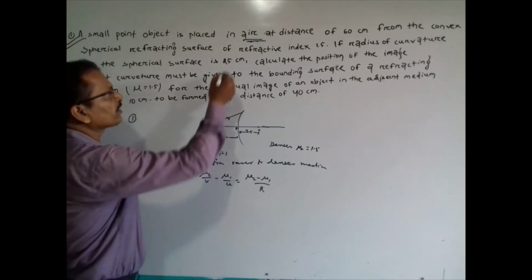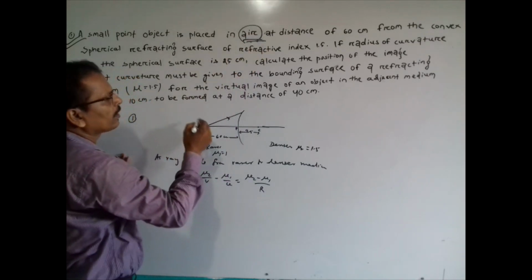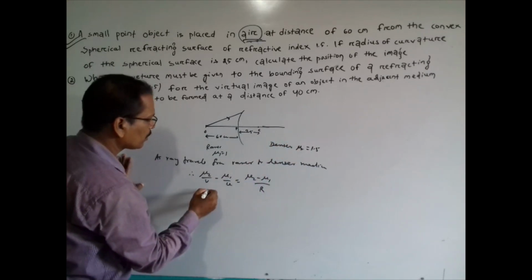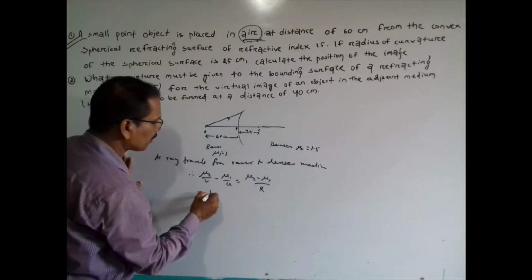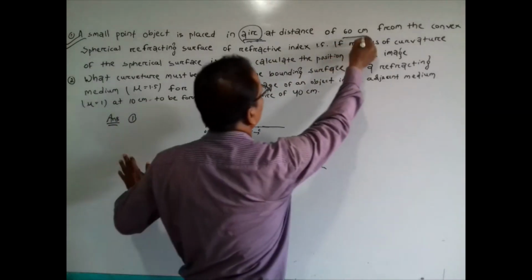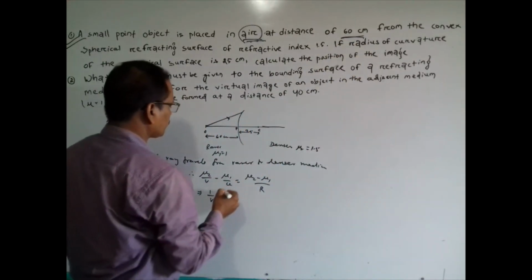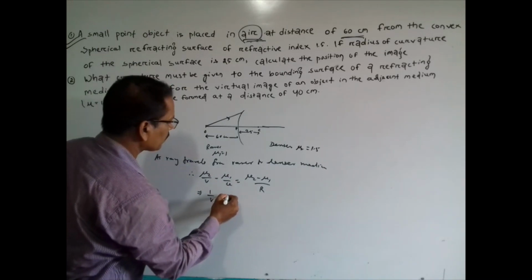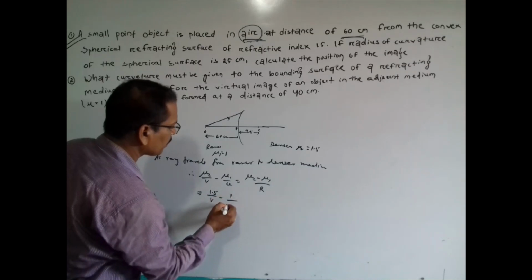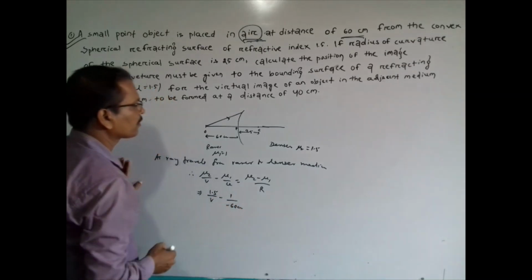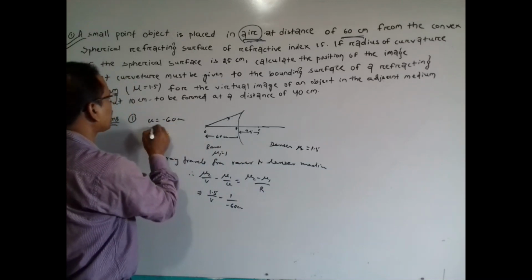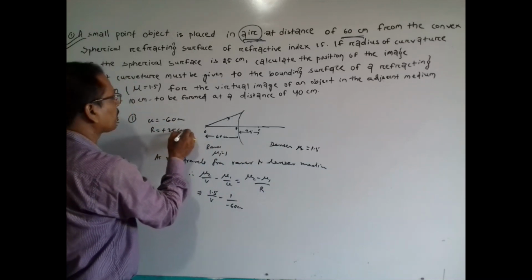In this case the medium is air, so mu1 is equal to 1 and mu2 is the refractive index of the sphere, 1.5. u is minus 60 cm and r is plus 25 cm.